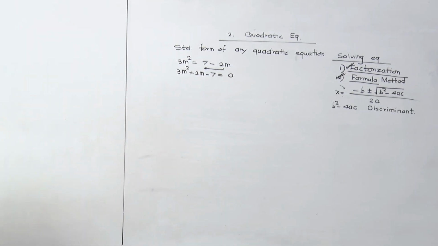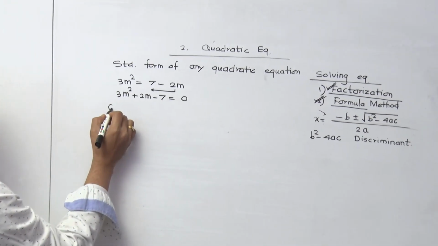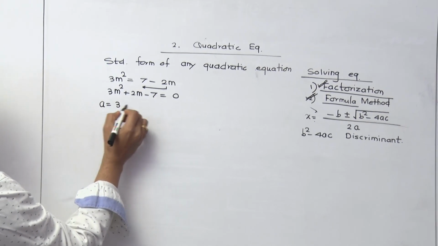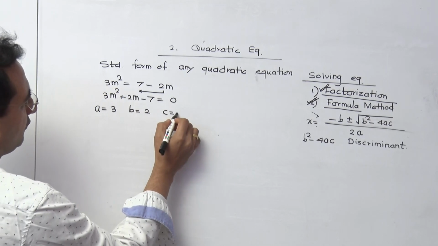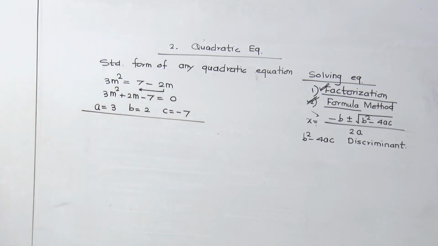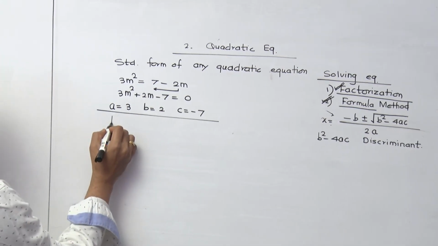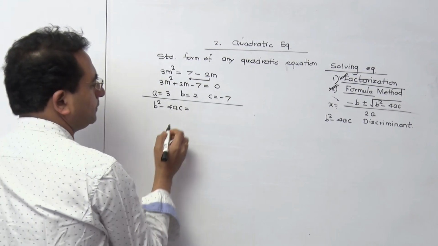Now this equation is already in the standard form. So now we have to write the values of a, b, c. The value of a is 3, the value of b is going to be 2, and the value of c is minus 7. Values of a, b, c are mentioned over here. Now we have to go for the discriminant. B square minus 4ac.